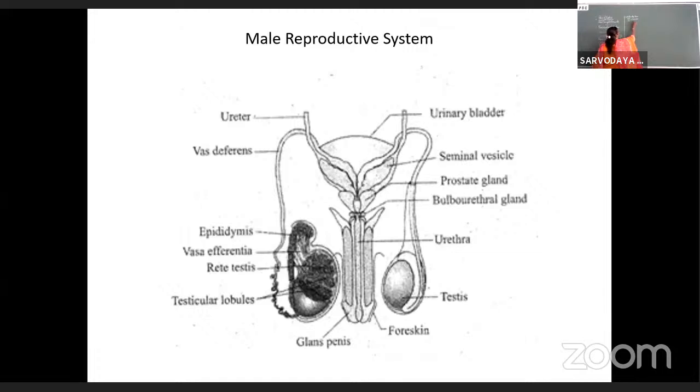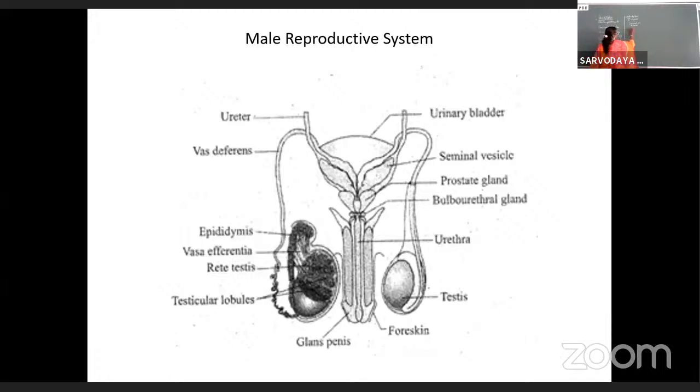What is the name of the space? It is called the interstitial space. Why is it called interstitial space? The testis is covered by a membrane. Between the seminiferous tubule and the outer covering, there is a space. That space is what you call the interstitial space.